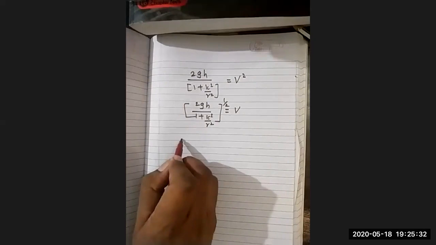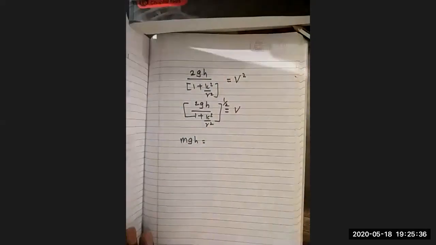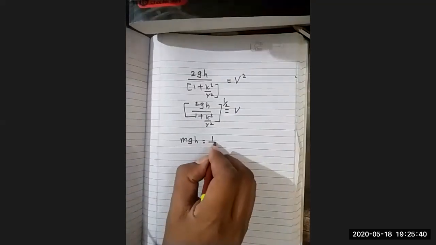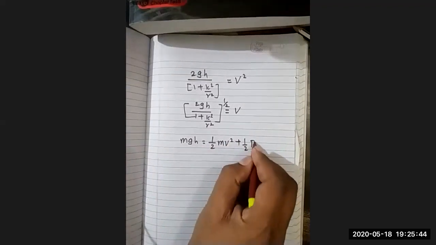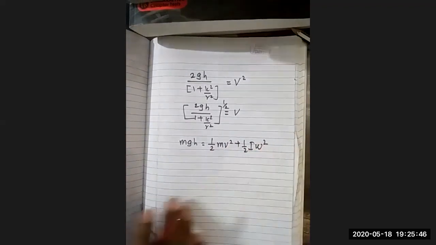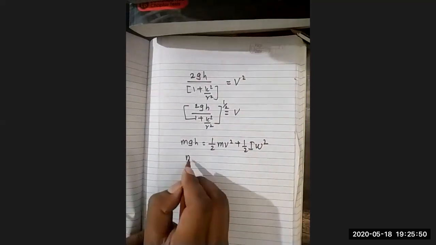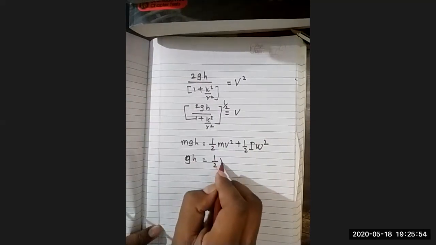So what was the equation over there? Mgh is equal to 1 by 2 mv square plus 1 by 2 I omega square. This is the term we have, right? Now m will get cancelled, only gh will remain. 1 by 2 v square will be as it is.